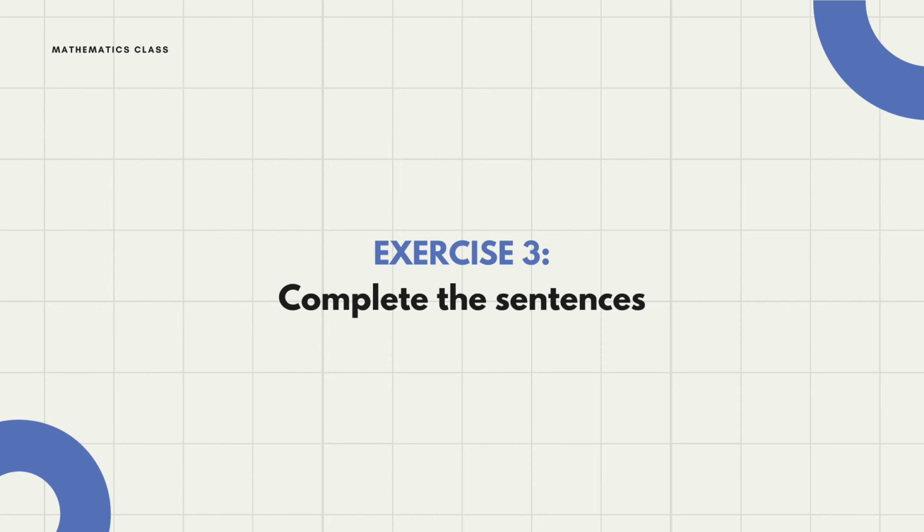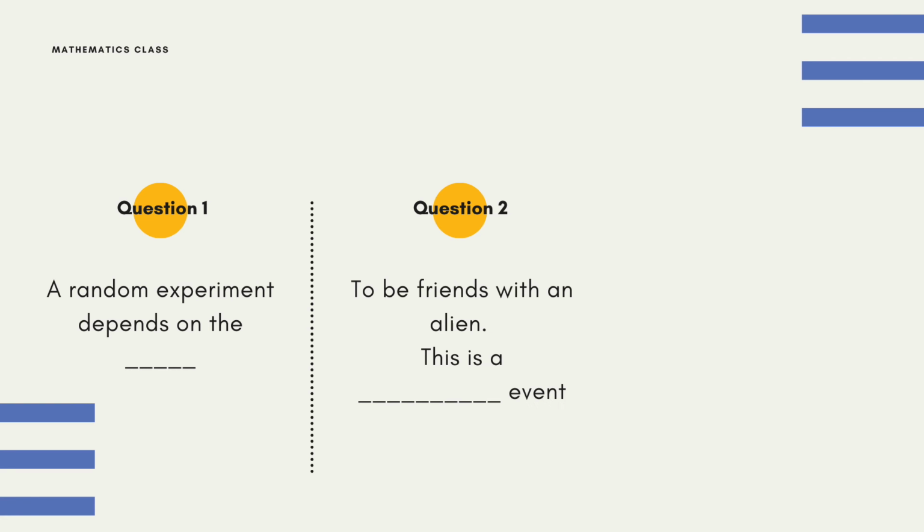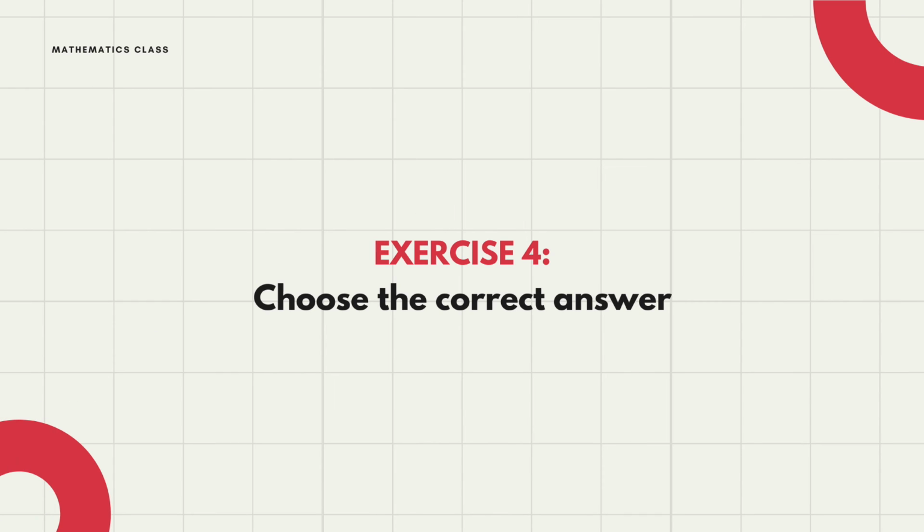Complete the sentences. A random experiment depends on... To be friends with an alien. This is a... event. To obtain a 7 in an exam. This is a... event. Choose the correct answer.